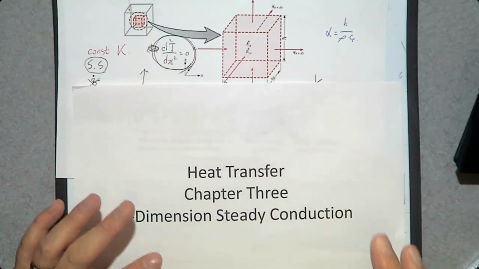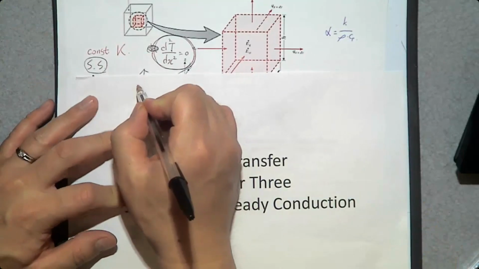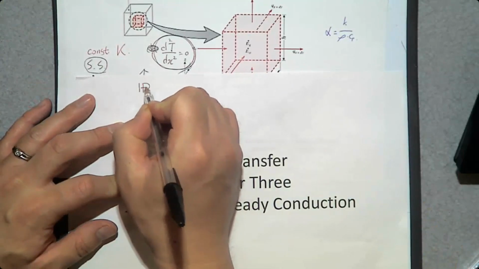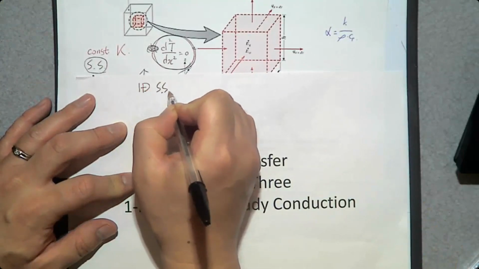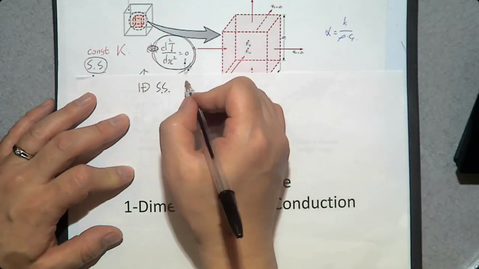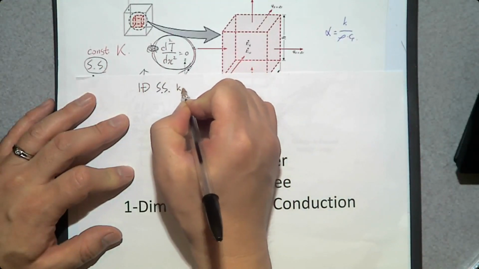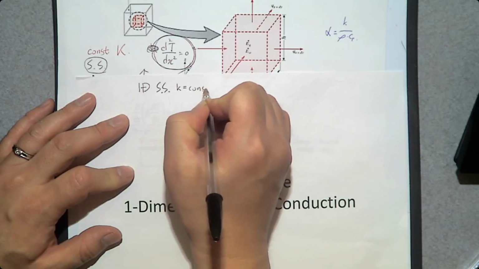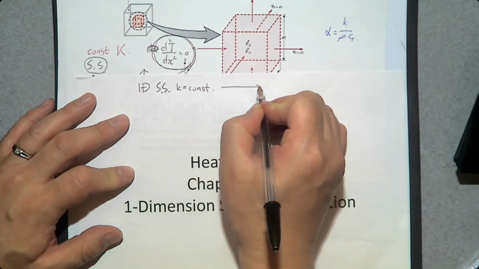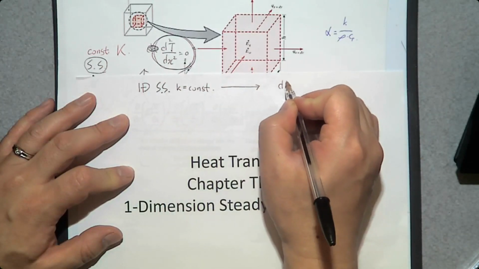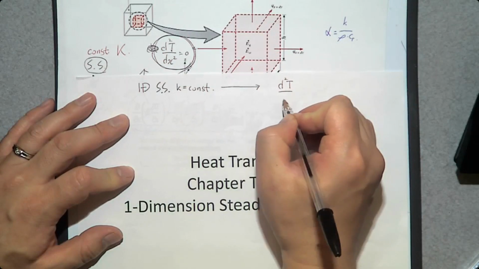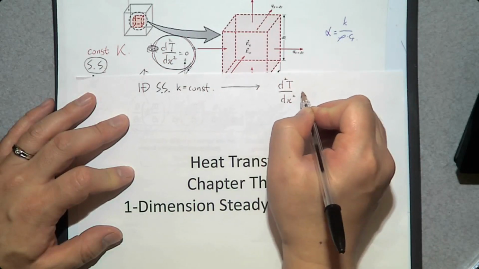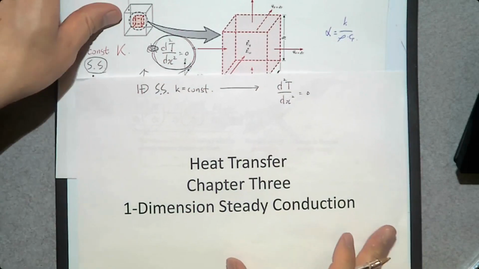If we assume one-dimensional, steady state heat transfer, and thermal conductivity K is constant, then the governing equation is going to be d squared T over dx squared is going to be 0.